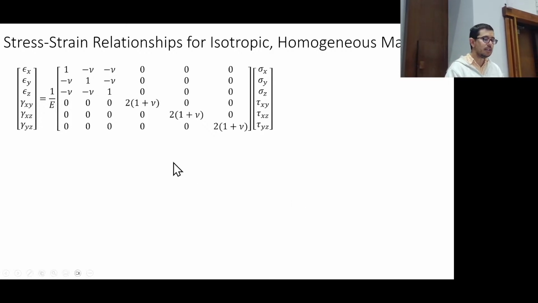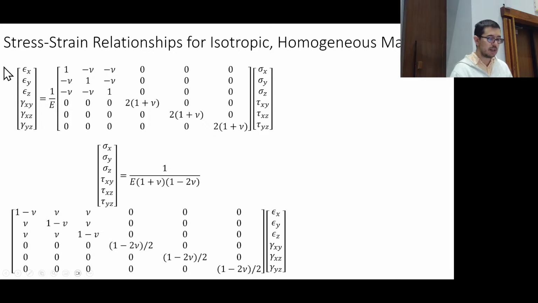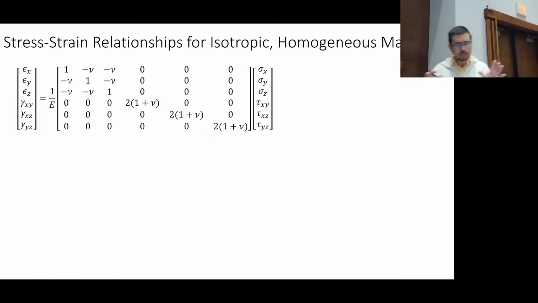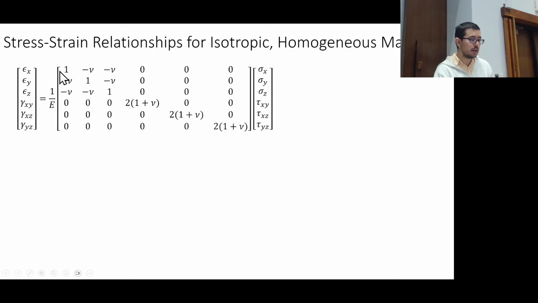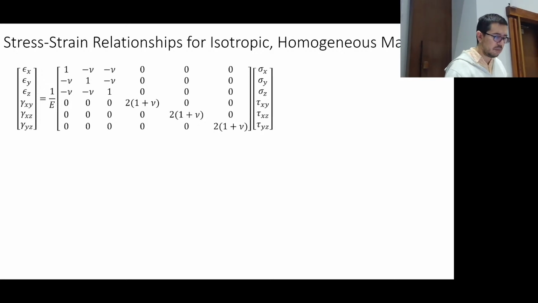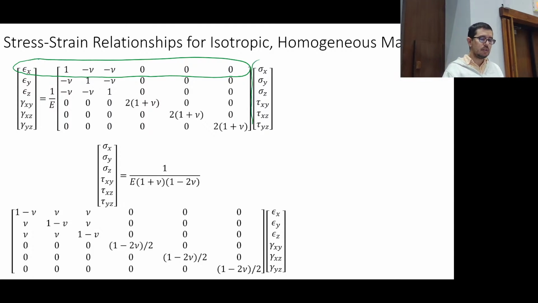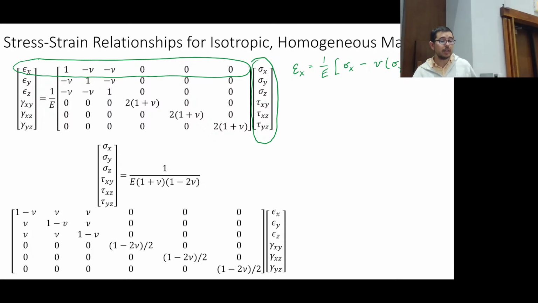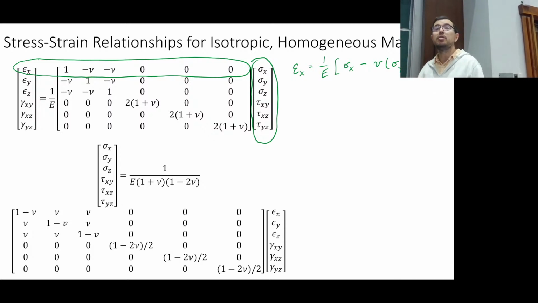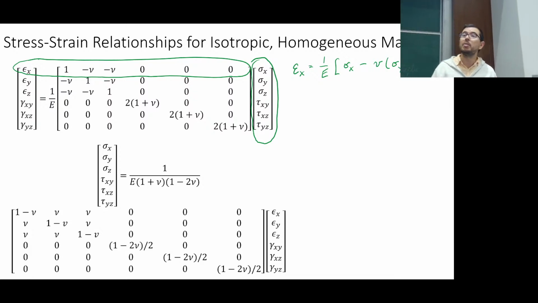This matrix, the top three of this column vector, epsilon x, epsilon y, epsilon z, and these Poisson ratios, this 1 over E, and these normal stresses are exactly the relationships that we described previously. We can write out, for example, that epsilon x is equal to 1 over E times quantity sigma x minus nu times quantity sigma y plus sigma z.